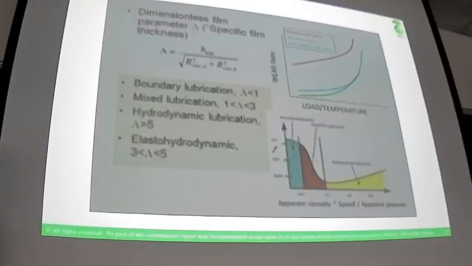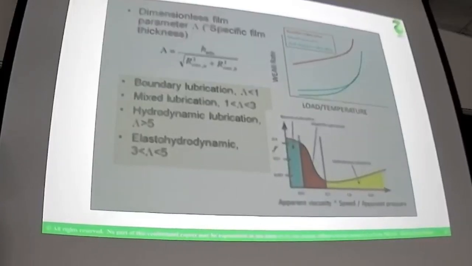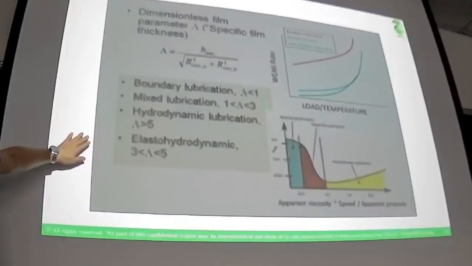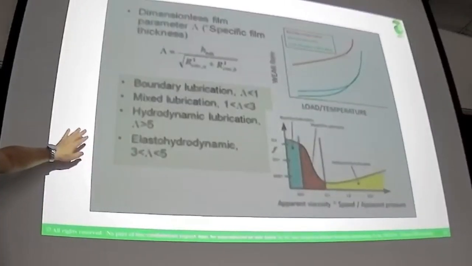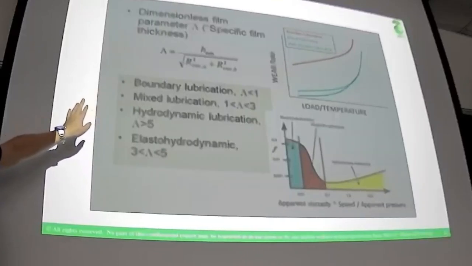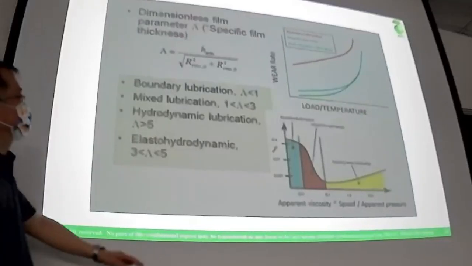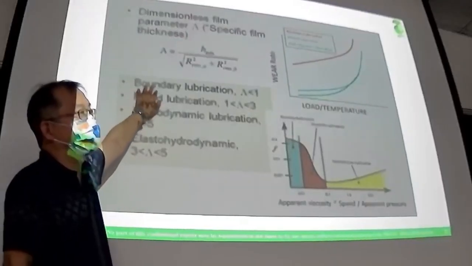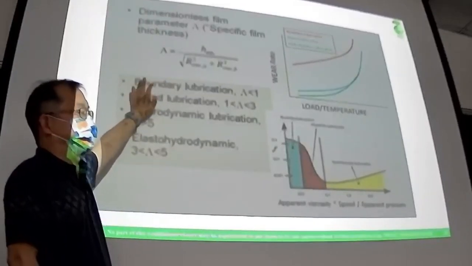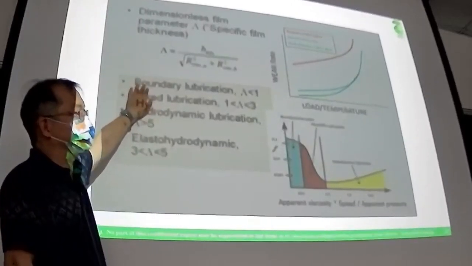So it's a measurement of the film thickness, but it's a dimensionless parameter, so we're using lambda to do so. And then we will have some different theories to calculate the coefficient of friction.